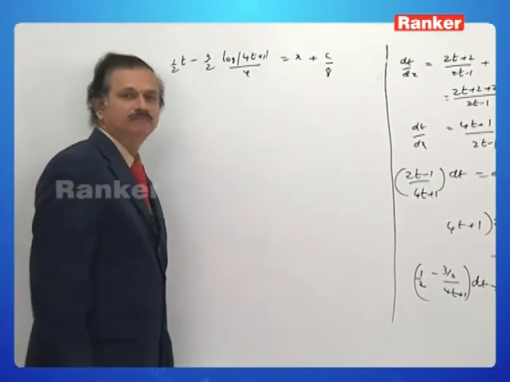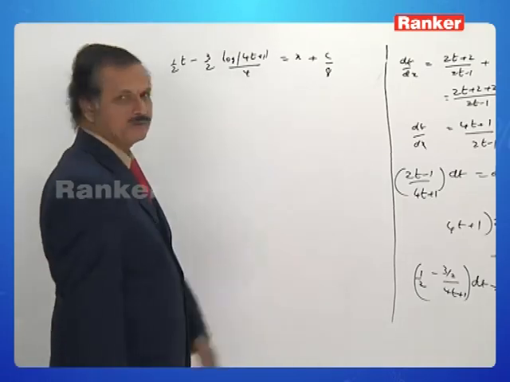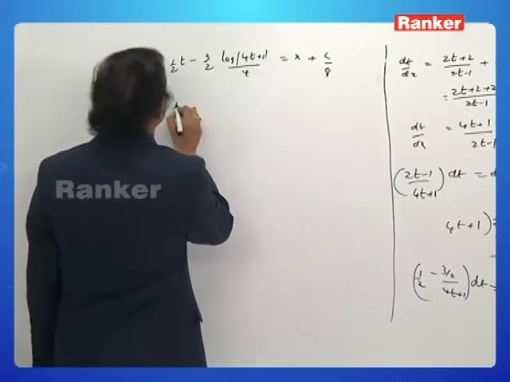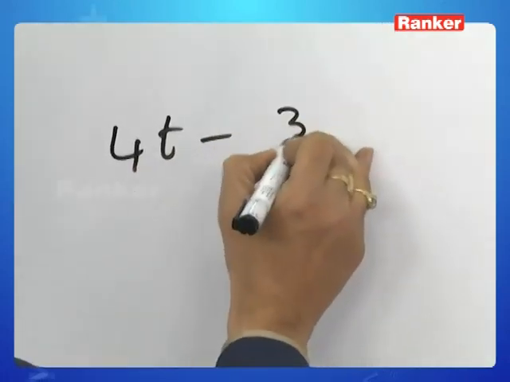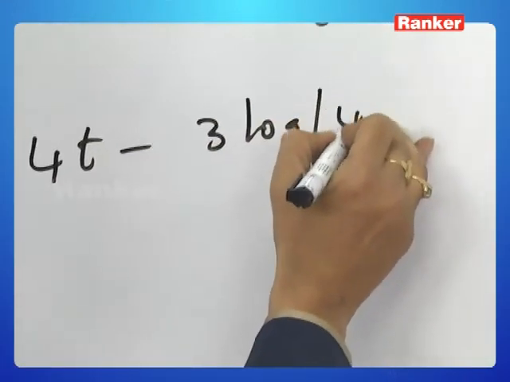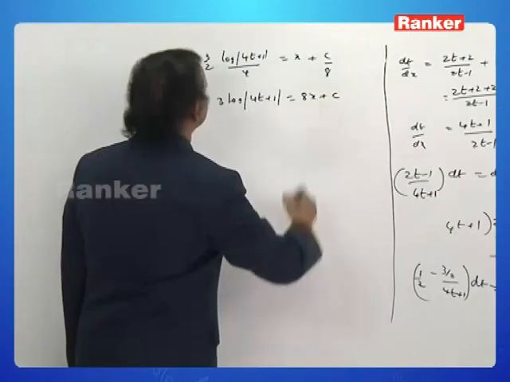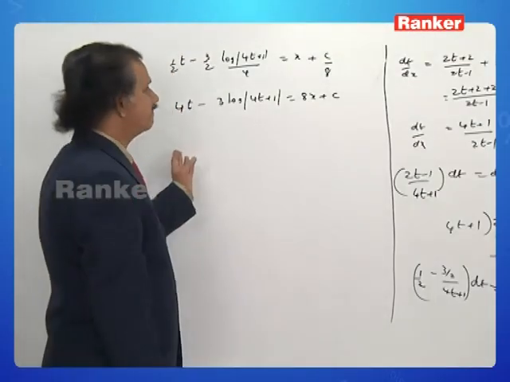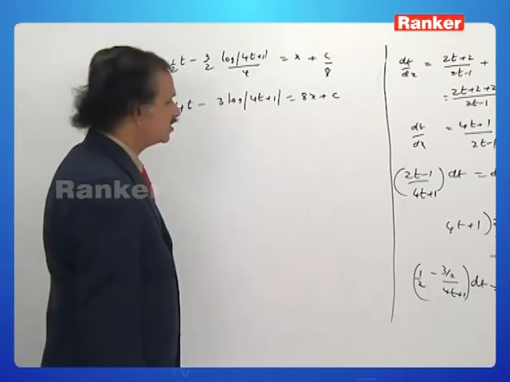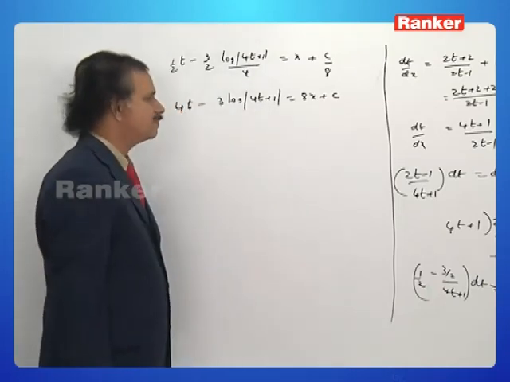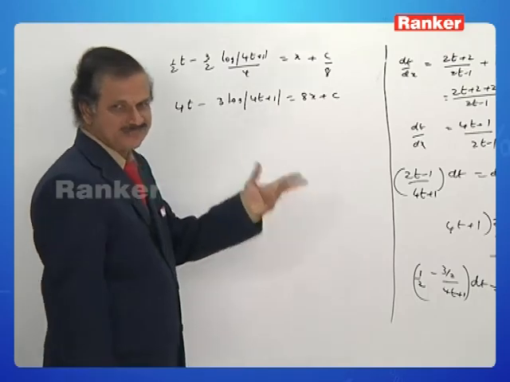I like to multiply throughout by 8. What do you have? 4t minus 3 log 4t plus 1 is equal to 8x plus c. And in the place of t, you replace, what is t? What quantity is supposed to be t? It is x plus 2y, isn't it?